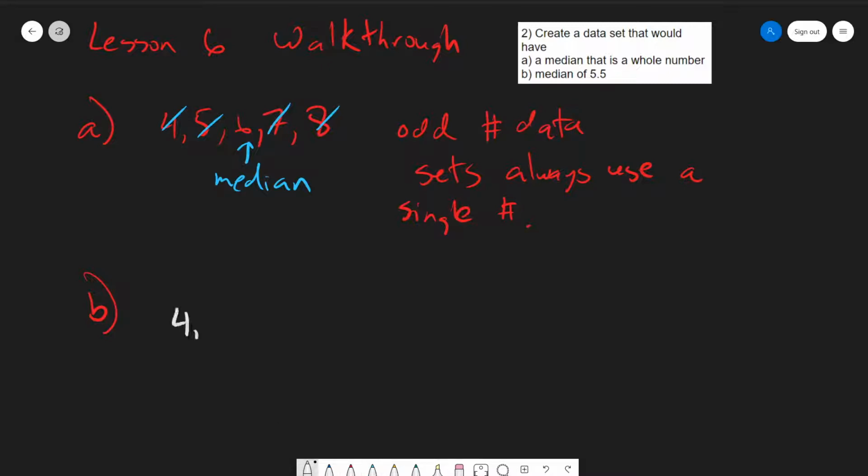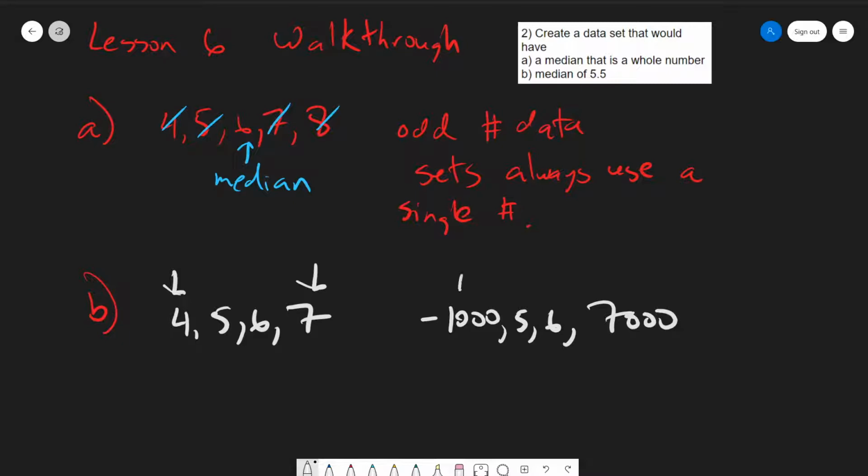So if I had 4, 5, 6, 7, and really these don't matter as long as they're smaller than 5 and bigger than 6, they could just as well be negative 1,000, 5, 6, 7,000. This would create the same thing, where the outsides go away, and then I average the middle two and get 5.5 as my median.